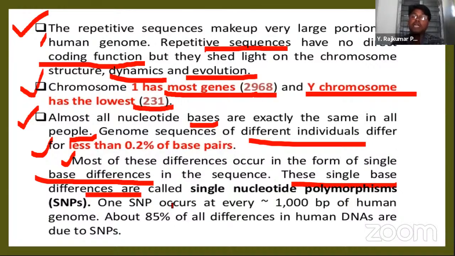One single nucleotide polymorphism occurs at every 1000 base pairs of the human genome. About 85% of all differences in human DNA are due to SNPs, the single nucleotide repeats. So this is the basic difference among all individuals. Apart from that, all human beings have almost the same genes, the same base pairs.